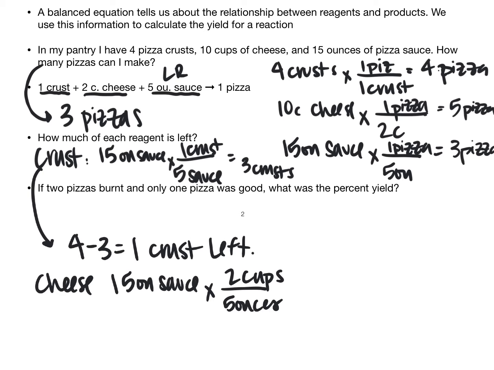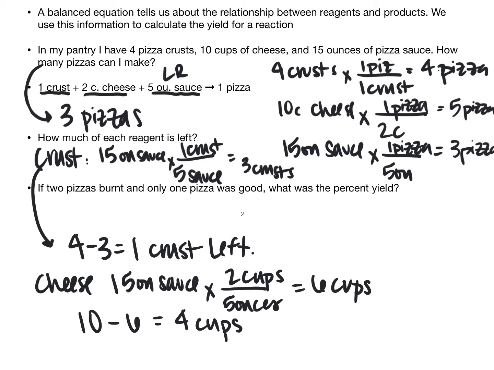In this case, we're going to see that we used 6 cups. And so the leftover is 10 minus 6, which gives you 4 cups. So now we have determined our yield, and we'll go through these definitions in the next segment, of 3 pizzas, and what's left over is 1 pizza crust and 4 cups of cheese.